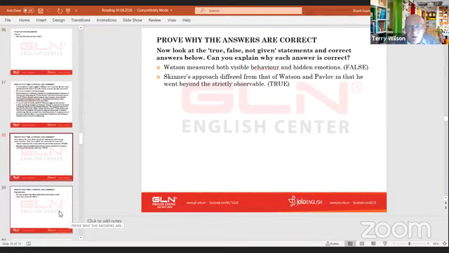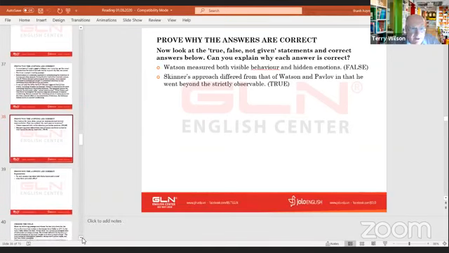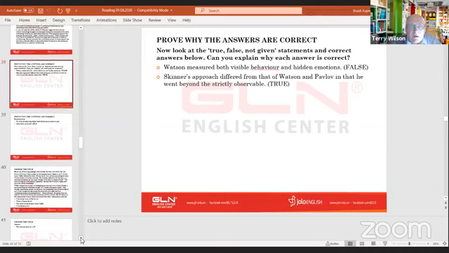So Watson measured both visible behavior and hidden emotions. So that is false. And Skinner's approach differed from that of Watson and Pavlov in that he went beyond the strictly observable. And that is true.